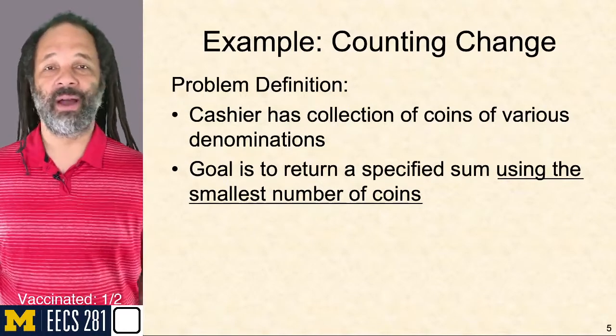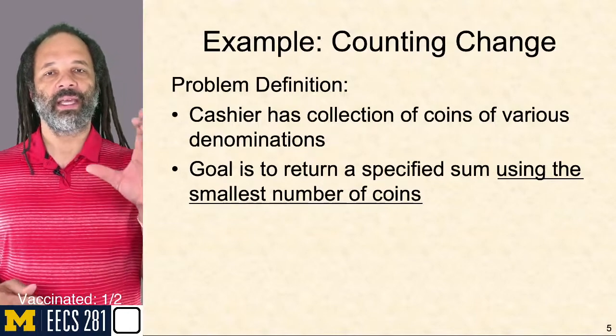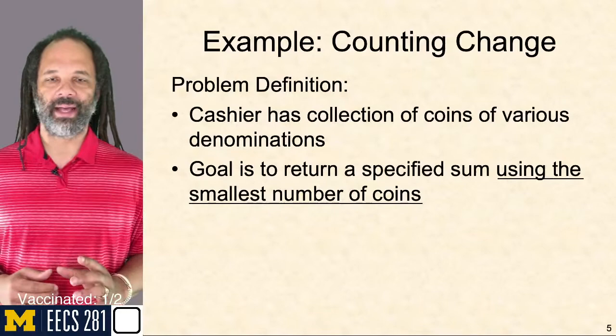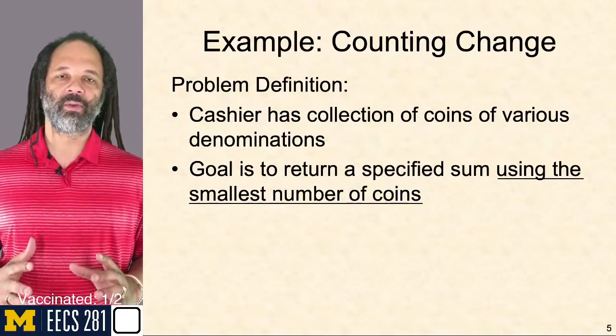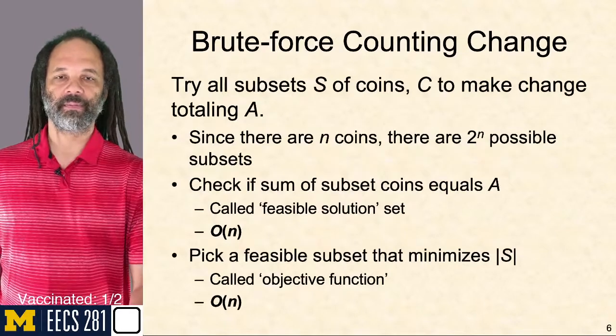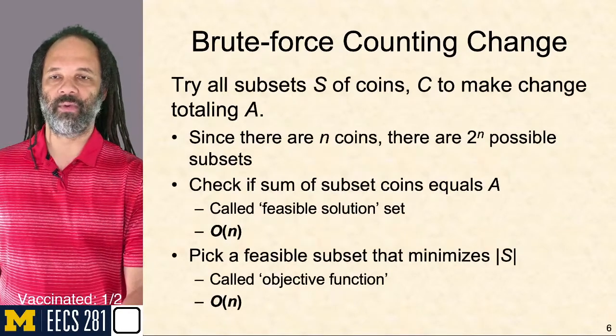Customers don't like walking around with a whole pocket full of change. They don't need to. So let's try to keep the number of coins given back as low as possible. We're trying to return the specified sum using the smallest number of coins. Enter brute force. Let's count some change with brute force.